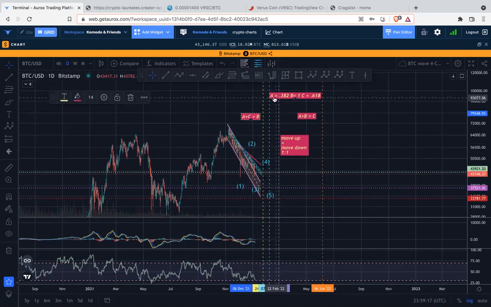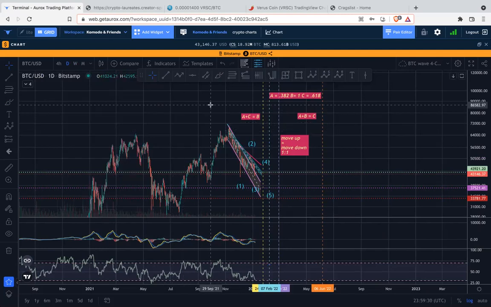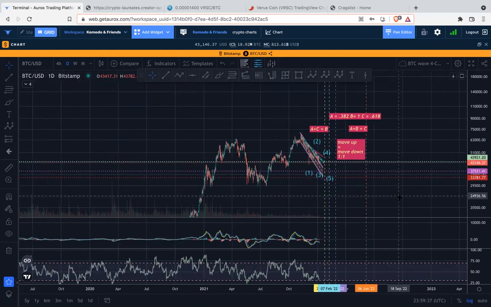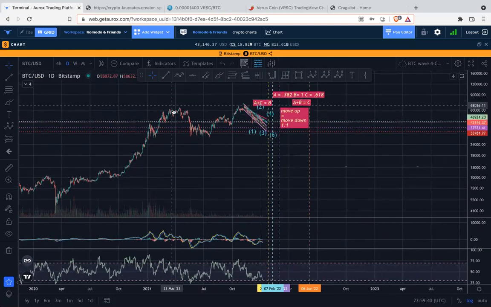Okay. The A wave is about 38.2%, the B wave is 1, and the C wave is 61.8%, is this middle color here. I don't know what you want to call this, light, bright, blue, green, turquoise. The big move up here, meaning what I was calling a 1, 2, 3, so the 1 and the 3 wave equals the 4 wave.